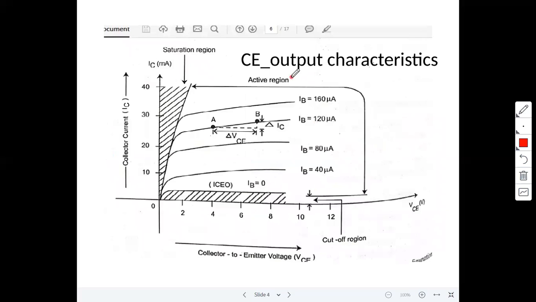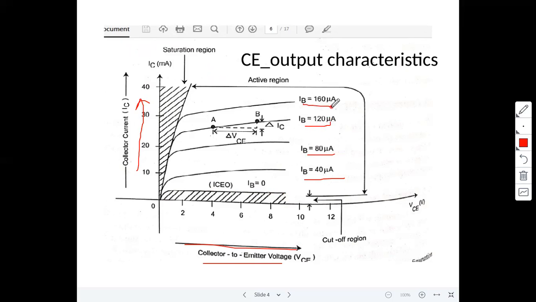Now coming to the output characteristics. Output characteristics is plotted as output voltage, that is collector to emitter voltage, versus output current. Output current is collector current, with the input current constant. For different values of input current, we have to plot the output current.